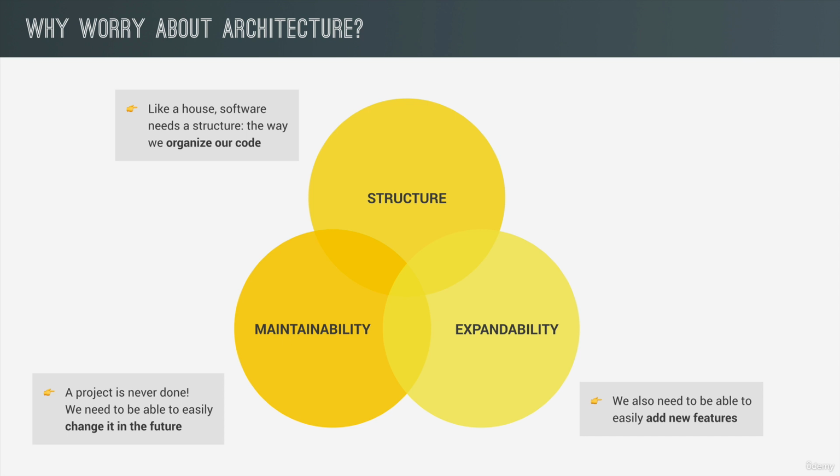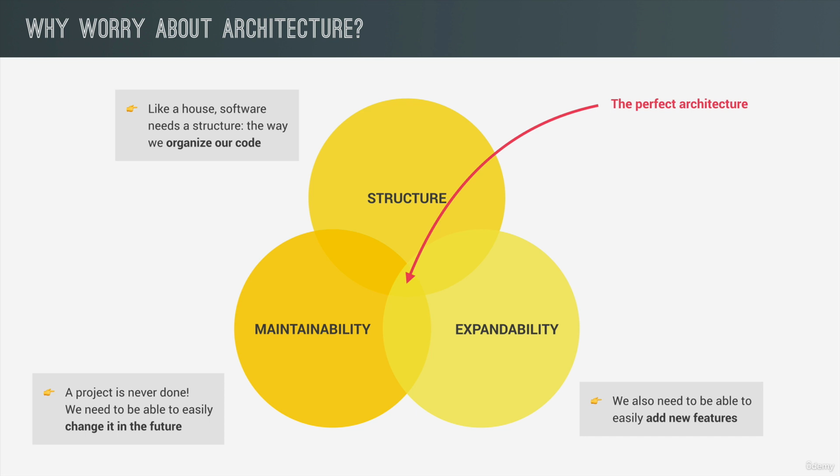So expandability is basically the ability to easily add new features in the future. And once again, that is only possible with a good structure and a good overall architecture. So the perfect architecture is basically one that allows for all these three aspects of structure, maintainability, and expandability.